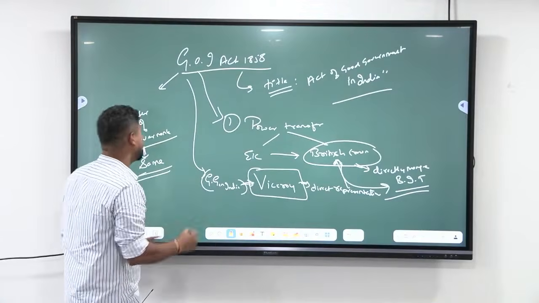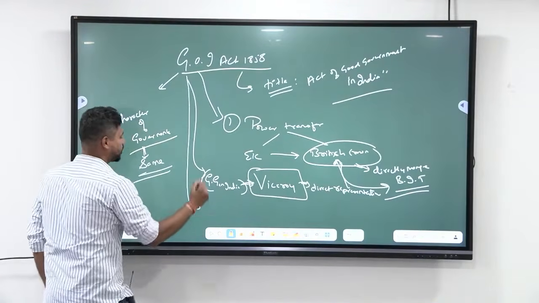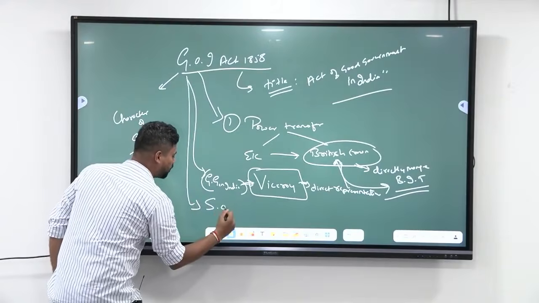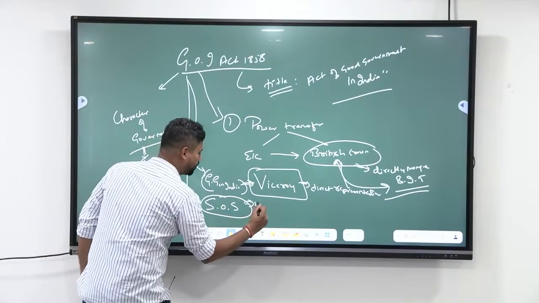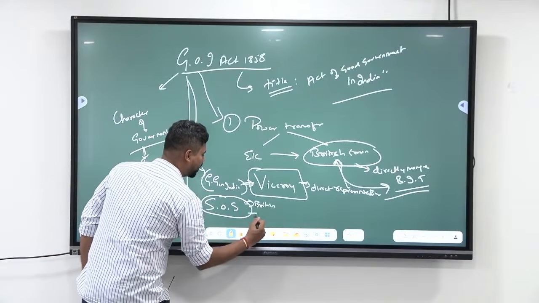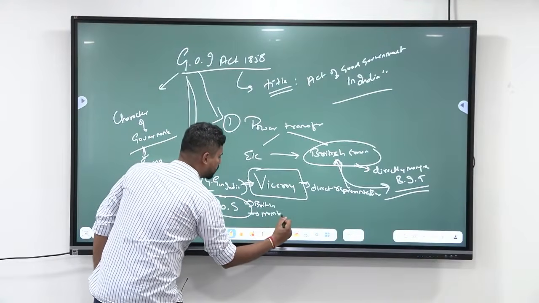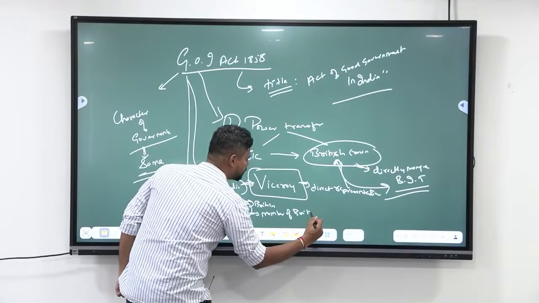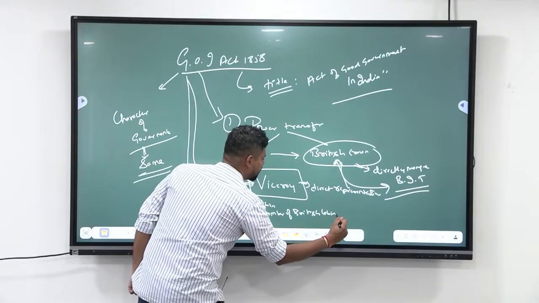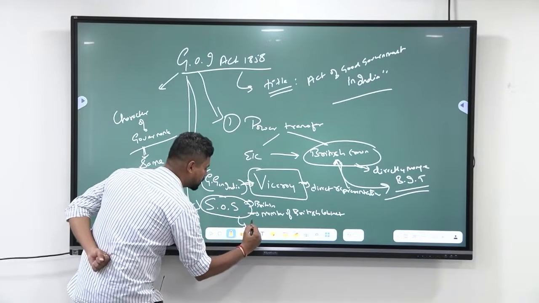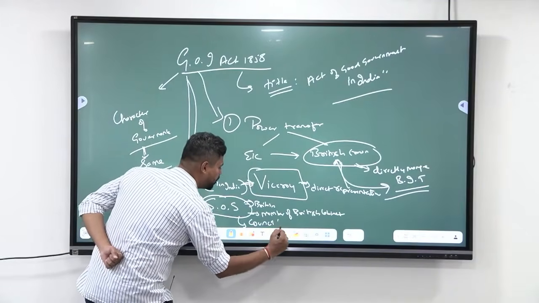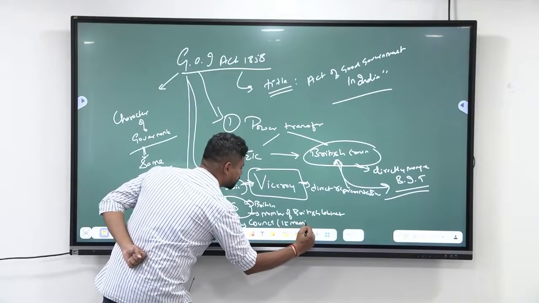So that is one. The next is, this act will also create something called Secretary of State. Now, Secretary of State is a department in Britain. It is headed by a member of the British Cabinet, and this particular member will be given a council.